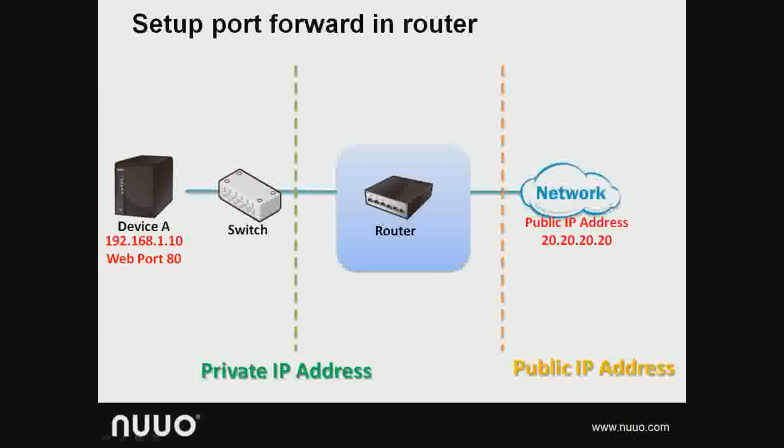He or she must use the public IP address to connect to device A. But what if we only have a public IP address? How do we connect with device A?